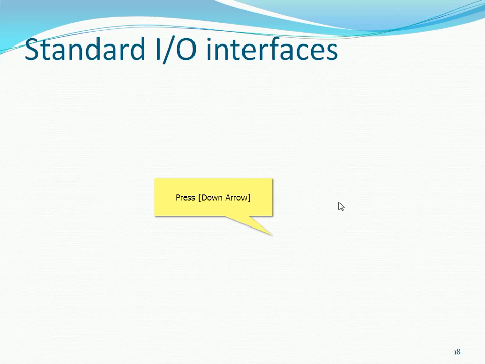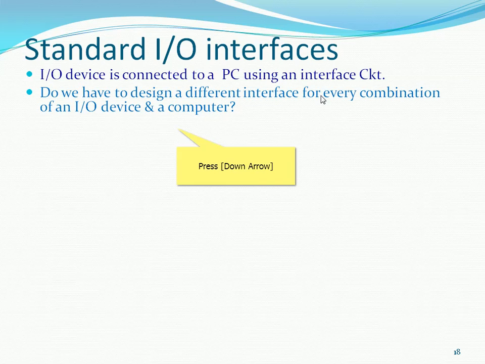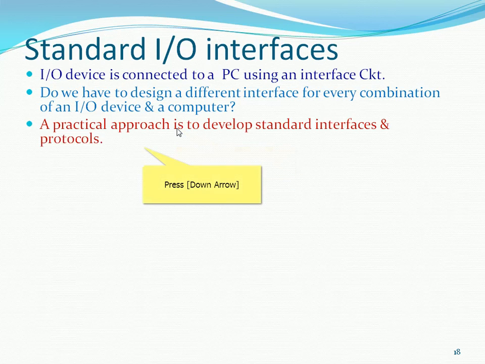So now the standard I/O interfaces. I/O devices are connected to the PC using an interface circuit. So do we have to design a different interface for every combination of an input device and a computer? A practical approach is to develop standard interfaces and protocols.